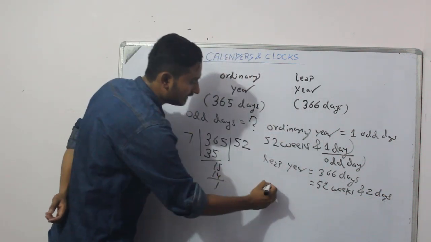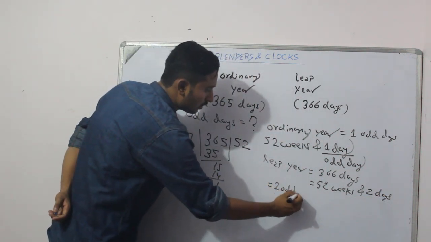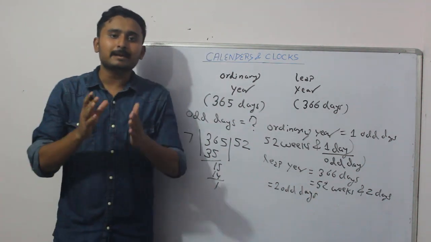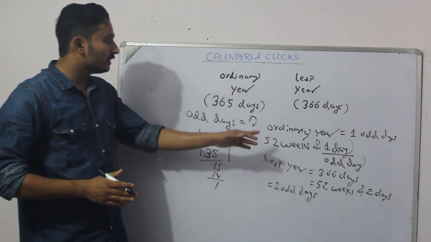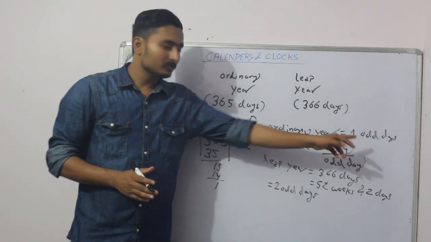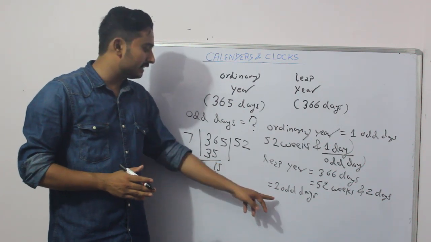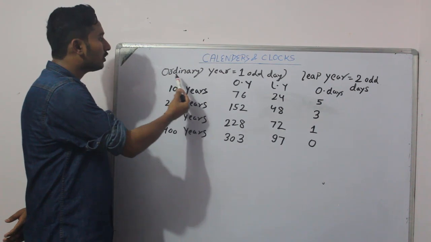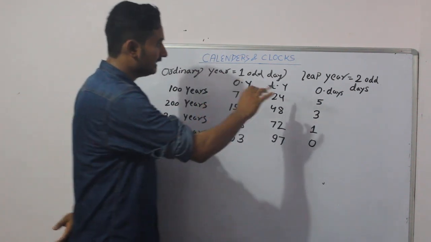So we can say that we have 2 odd days. The first point you have to remember is that in an ordinary year we have a total of 1 odd day, and in a leap year we have 2 odd days.